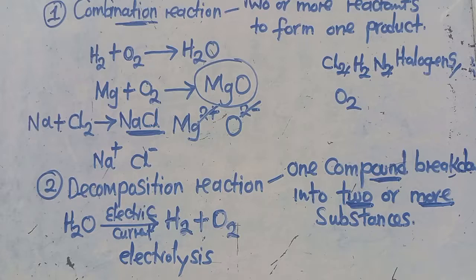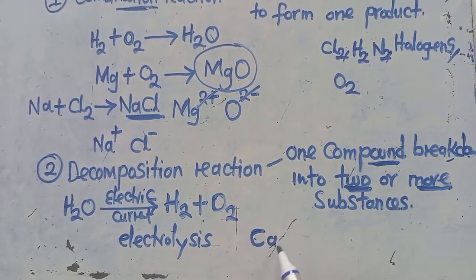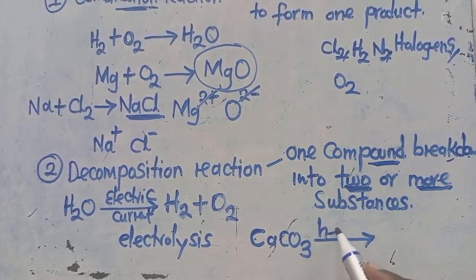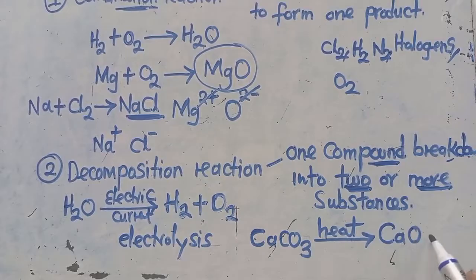We've got another type where we've got calcium carbonate. So when calcium carbonate decomposes, a catalyst that should be there is heat. For it to decompose, we need to have heat to get the products: calcium oxide plus carbon dioxide.